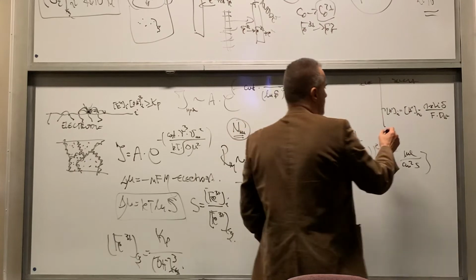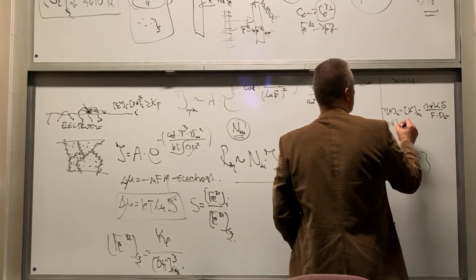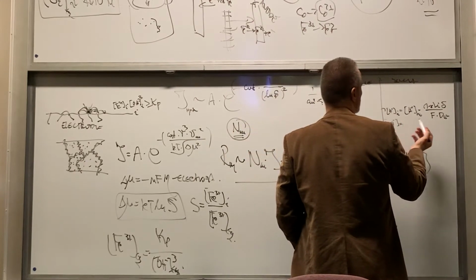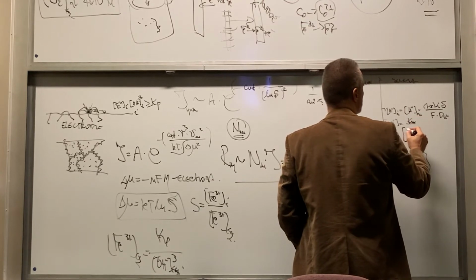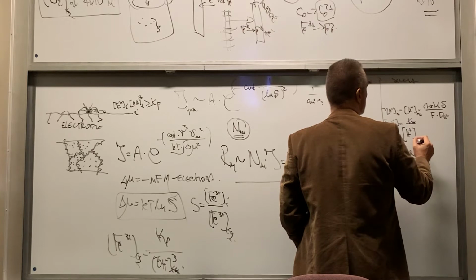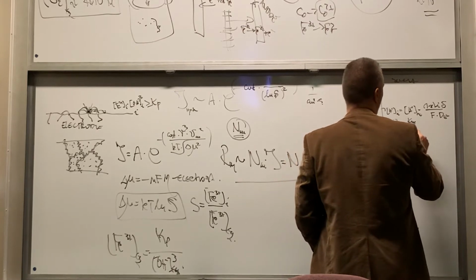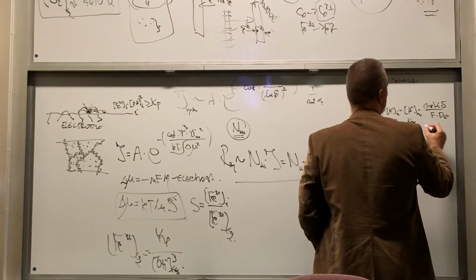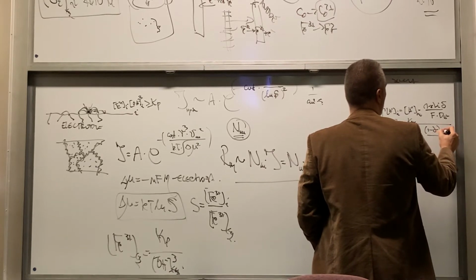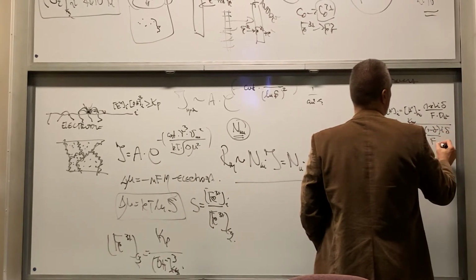The OH minus at the interface is equal to what? Kw divided by all this thing, which is H plus bulk minus 1 minus gamma I delta F dH plus, right?